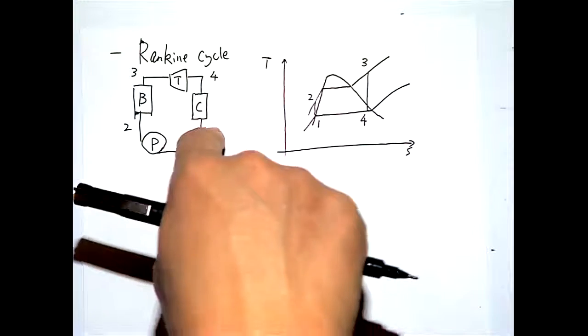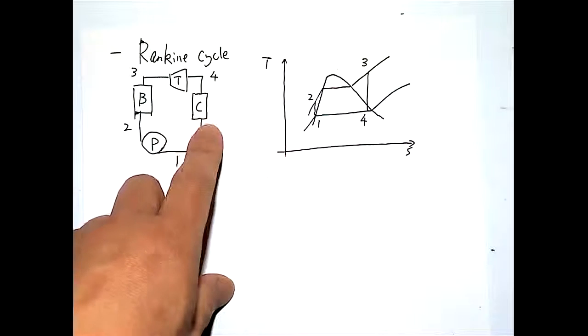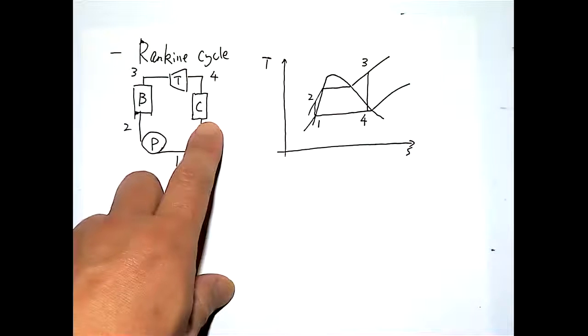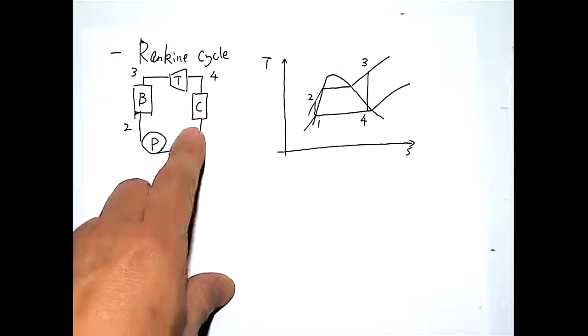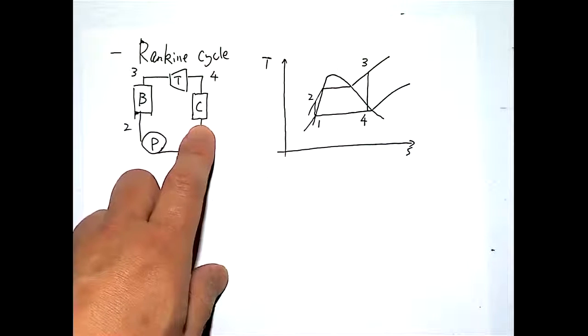Then after that, you're going through a device called condenser, which is essentially just another type of heat exchanger, allowing you to reject the heat from the cycle. So there, the temperature is low and the pressure is low. Because here you're going through a phase change process, a lower temperature means lower pressure.